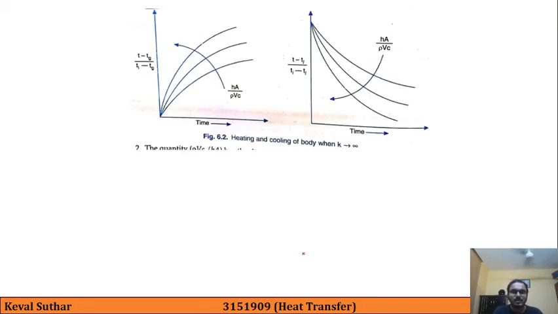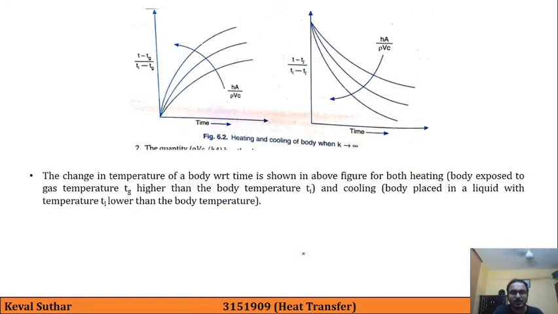And now these are the graphs of heating and cooling. So these are the temperature profiles. The change in temperature of a body with respect to time is shown in the figure for both heating as well as cooling. So here, if you see carefully, let me first write this down.